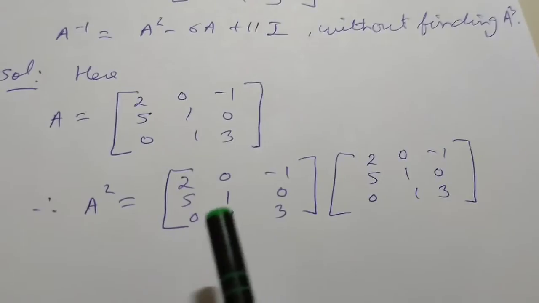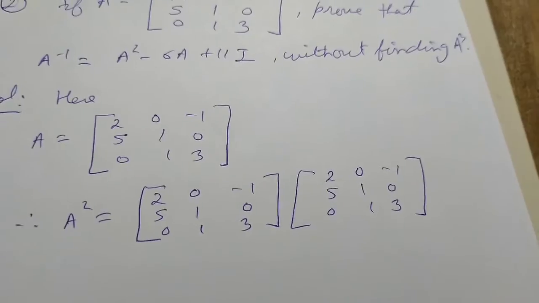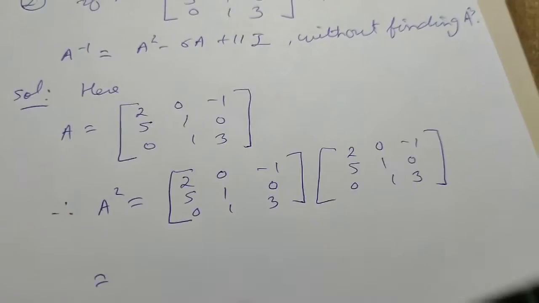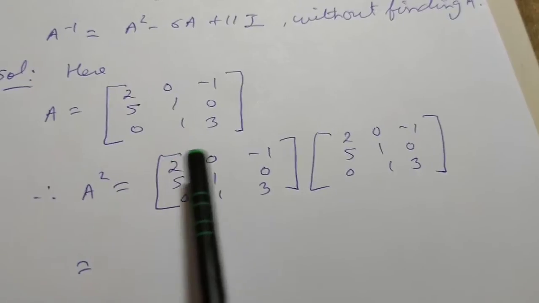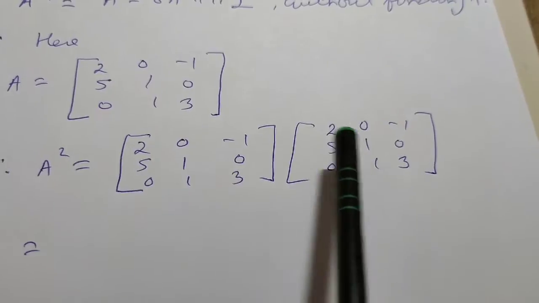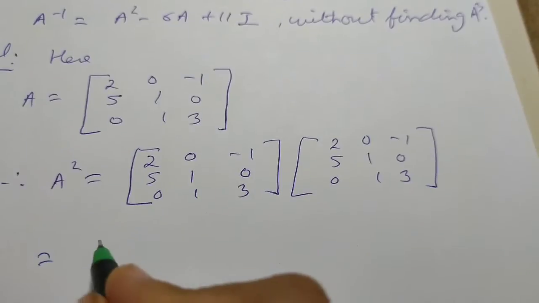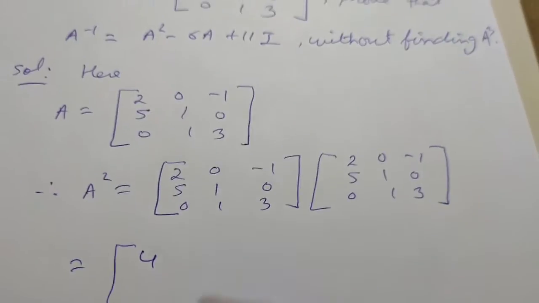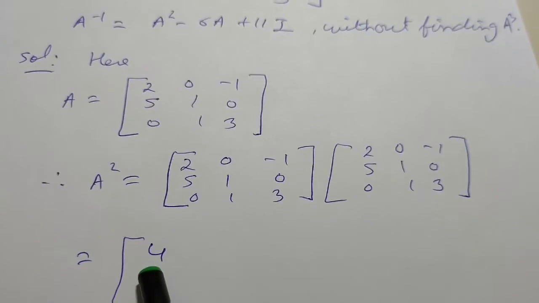So this is A, and we have to find A square, that means multiplying the matrix A with itself. So let us start doing the matrix multiplication. To find the value of A square, we will multiply R1 with column 1. So 2 into 2 is 4, 0 into 5 is 0, minus 1 into 0 is 0. So the first entry of column 1 of A square will be 4. Similarly, R2 will multiply with column 1 and we will get the second entry of column 1.